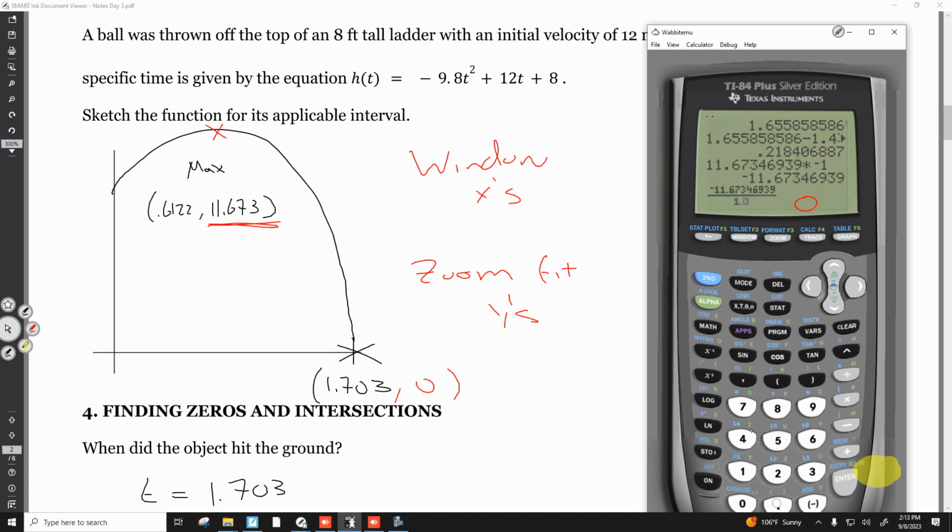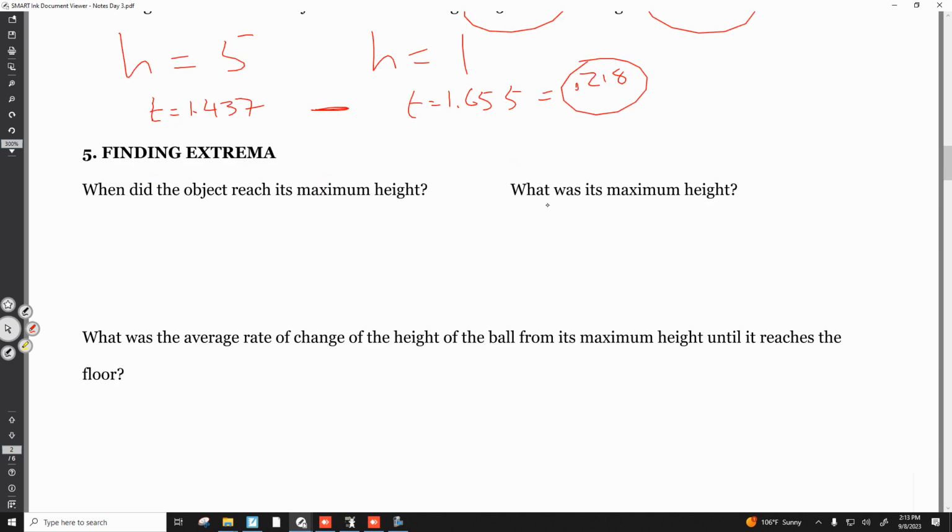Again, don't do this. You should be using exact answers. Minus 0.6122. There's the average rate of change, negative 10.7 on average. My height decreased 10.7 meters per second over the interval from the max to when we hit the ground. Cool. Next page.